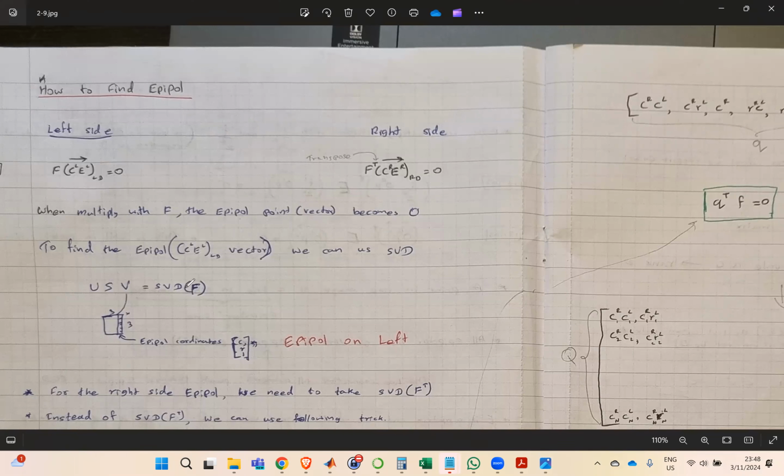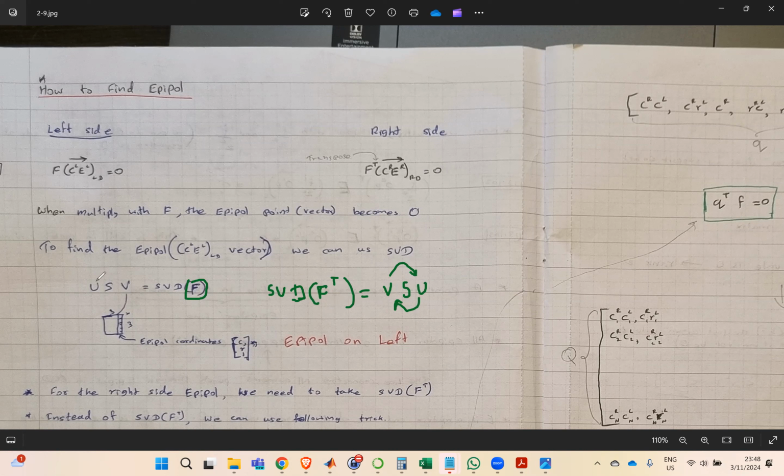But if you take the SVD of F one time, the SVD of the transpose of F is equivalent to V S U. These positions are just swapped if you take the transpose.